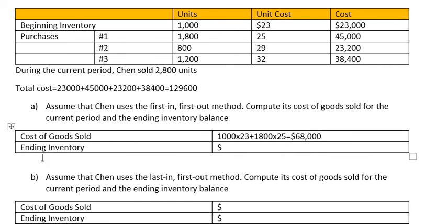Now we want to find ending inventory, so we use the total cost in here minus cost of goods sold, and we have 61,600.